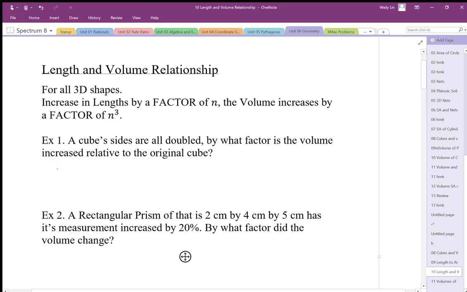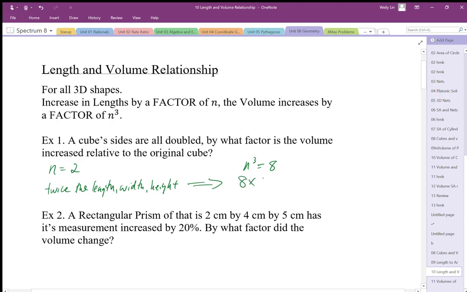So if n equals 2, so twice the length, width, and height, that ends up with n cubed, which is 8, 8 times the volume. We have 8 times the volume change.